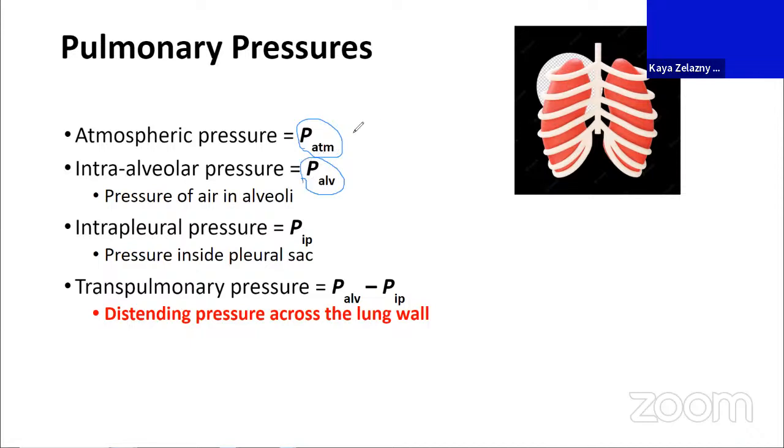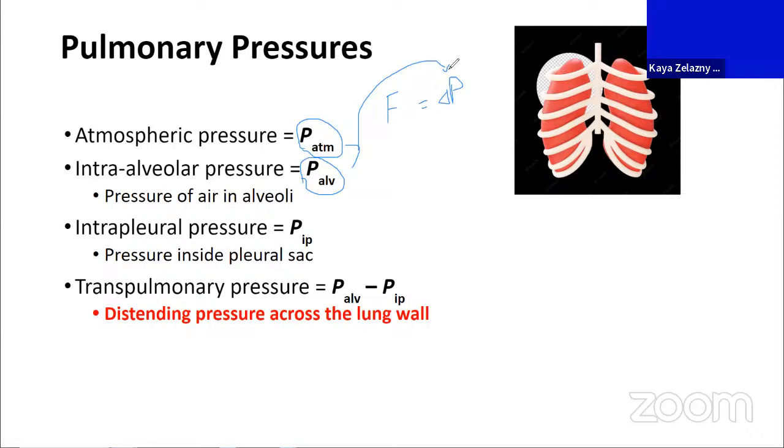So when we're thinking about high to low, we're looking for which of those two numbers is high. That's what's driving that airflow. That's what our delta P is for our flow, right? So that difference between the atmospheric pressure and the alveoli is here.